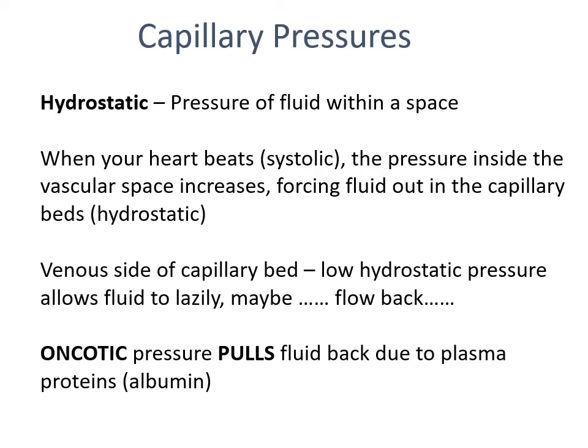And how does it do that? Well, it uses oncotic pressure. So in our bloodstream, we have large proteins, the most important one being albumin, which is made in the liver, and that never leaves the bloodstream. It never leaves the capillaries.